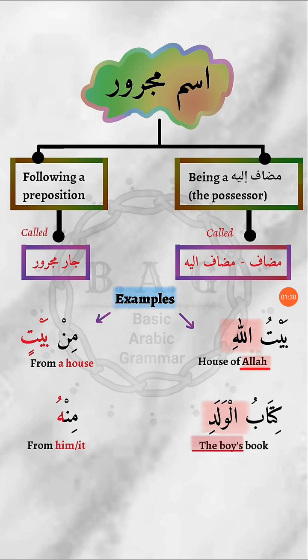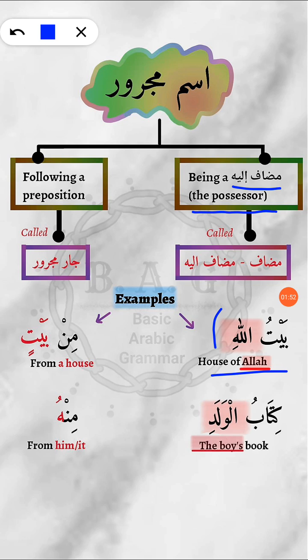In the 6th lesson of the catch up series, we did 2 situations where an ism is supposed to be in jar form, or simply ism majrur is present. First of all, the ism is either going to be a mudaf ilayh, which simply means the possessor. For example, Baitullahi.